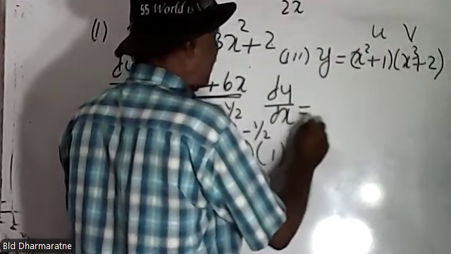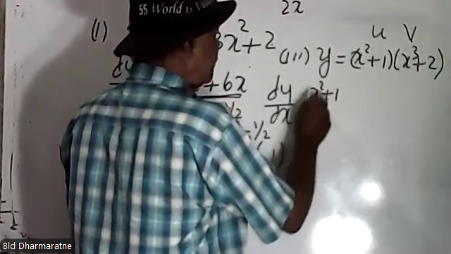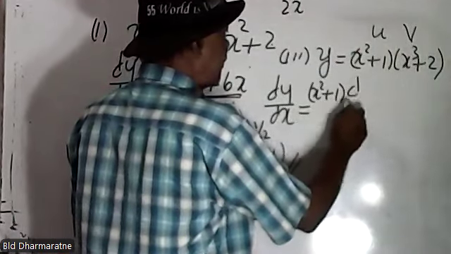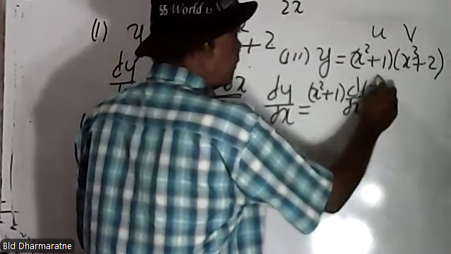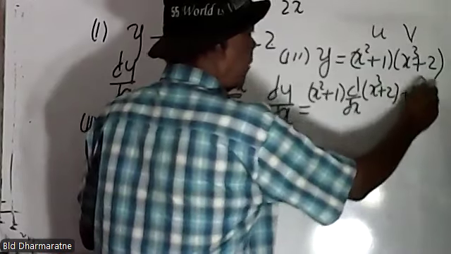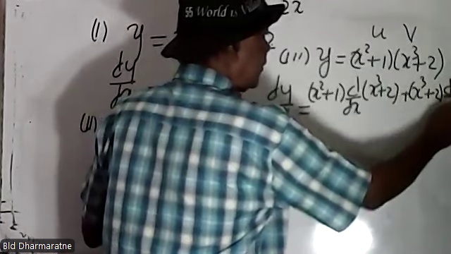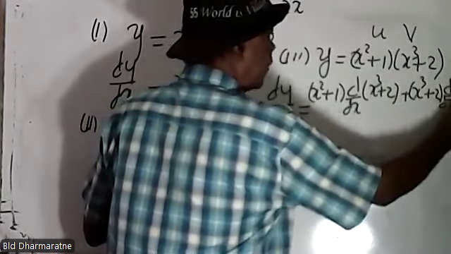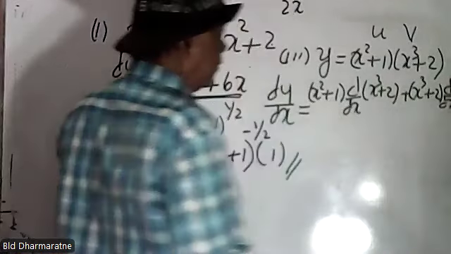Initially you write like this: x squared plus 1 times d by dx of x cubed plus 2, plus x cubed plus 2 times d by dx of x squared plus 1.